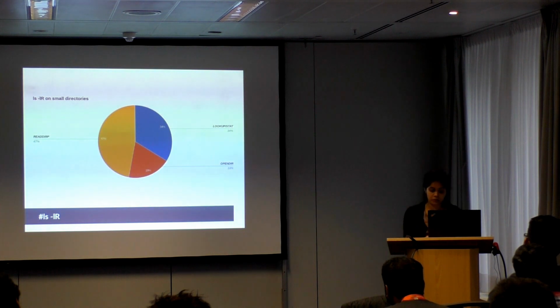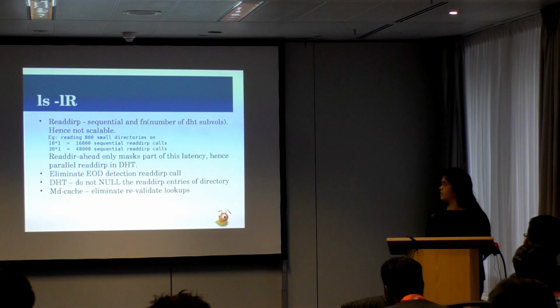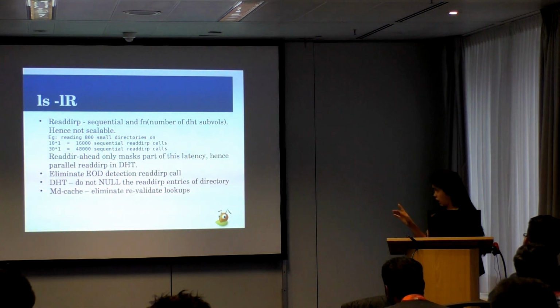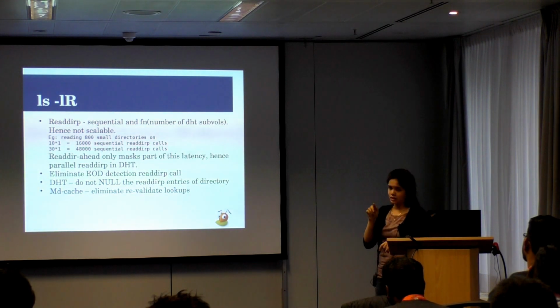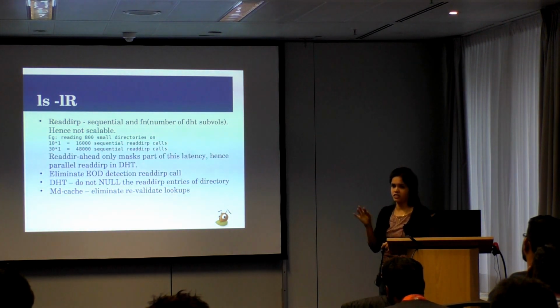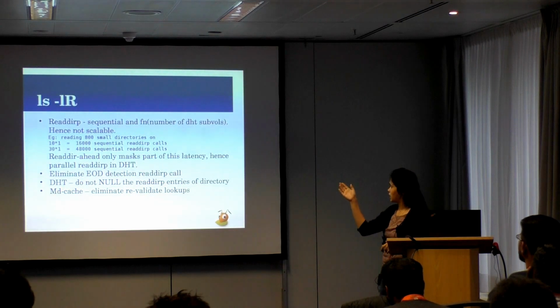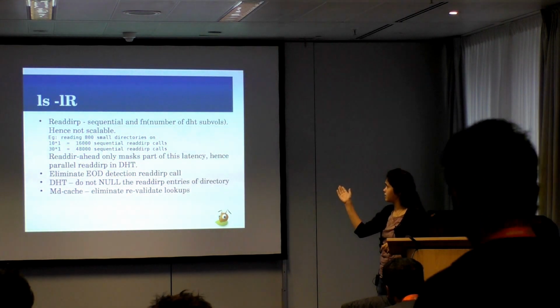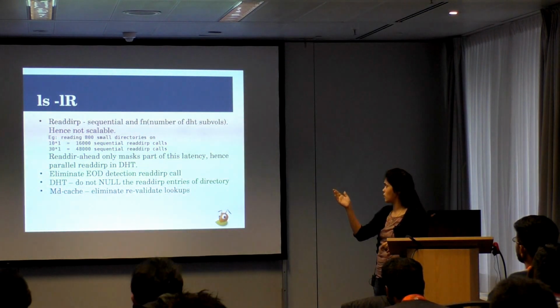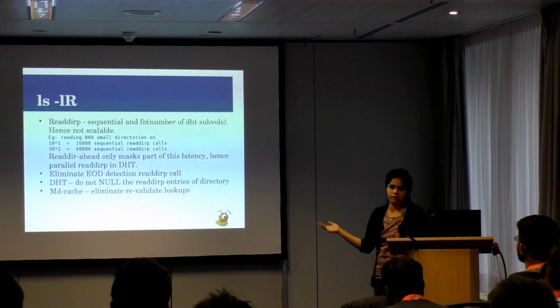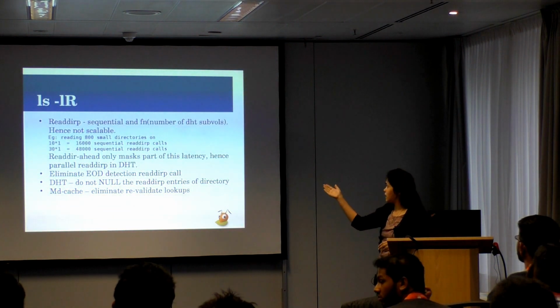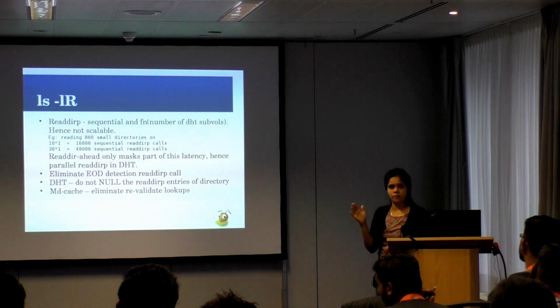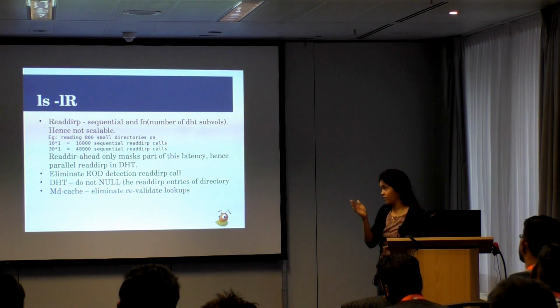And then the other problem is with DHT, where the readdirps are sequential. It's basically a function of the number of DHT bricks. Let's say you have 800 small directories, and it's a 10 x 1 volume, so you have 10 DHT bricks. You need 16,000 sequential readdirp calls, one after the other.